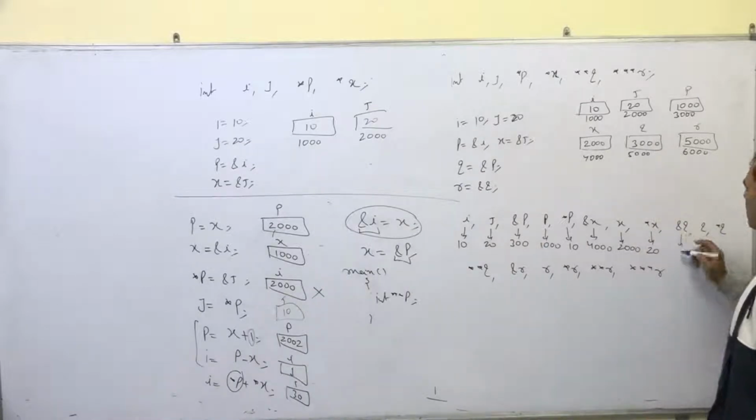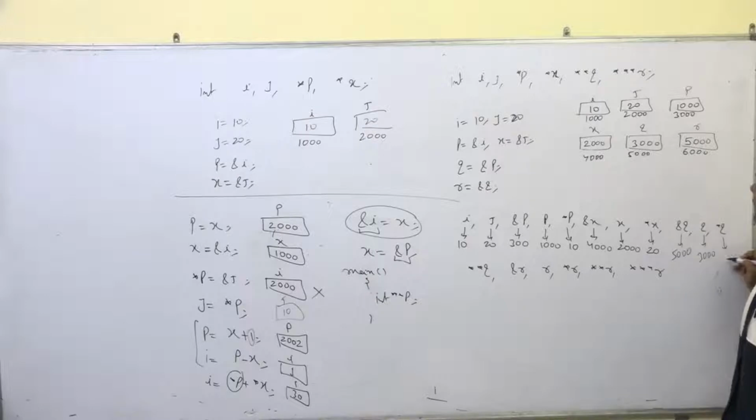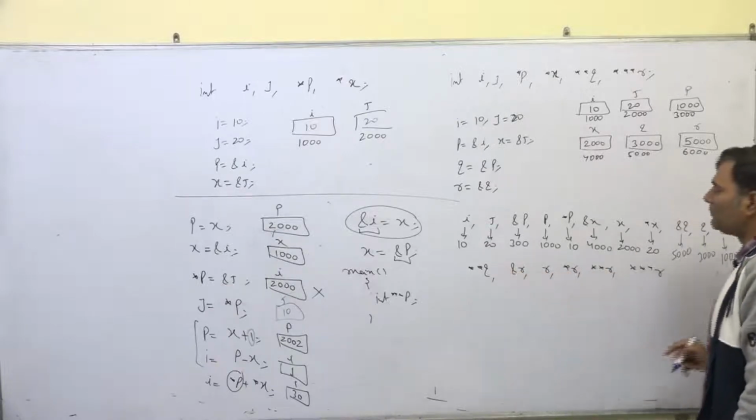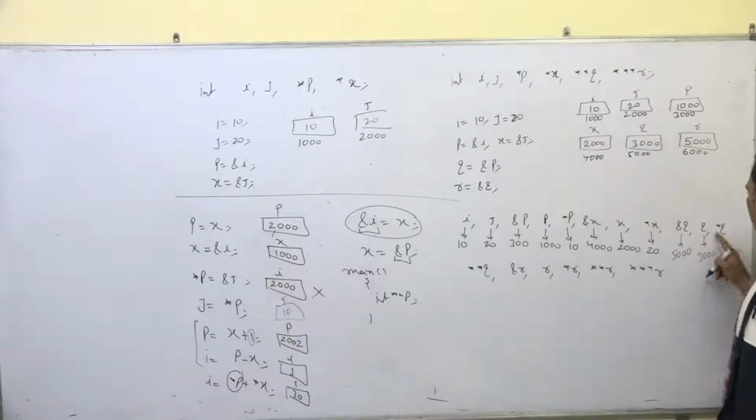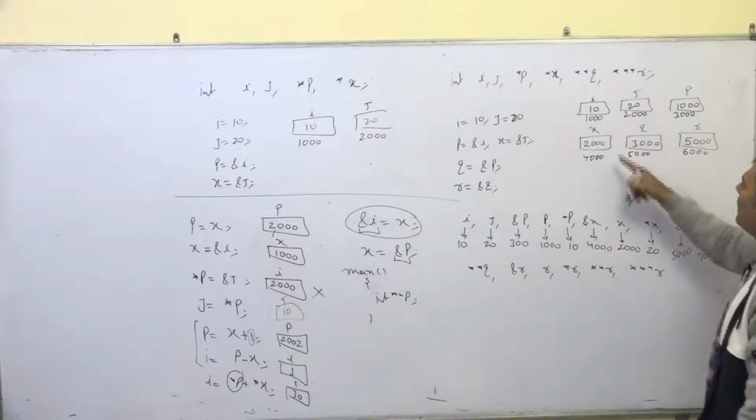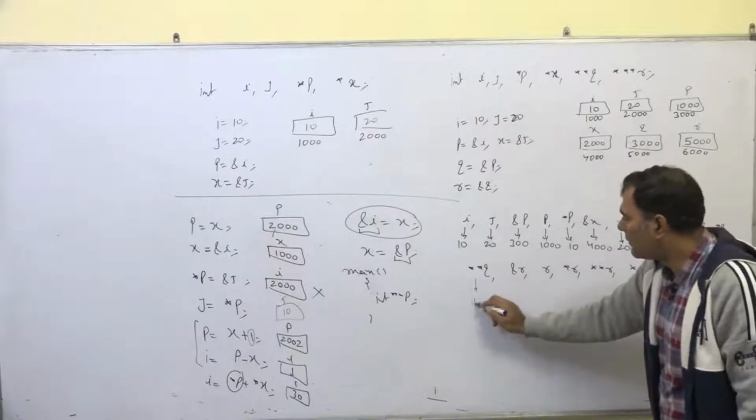Address of Q, pointer Q, 1000. Clear? Pointer Q. Pointer Q means 1000. Again, pointer means value at 1000 is what? 10.